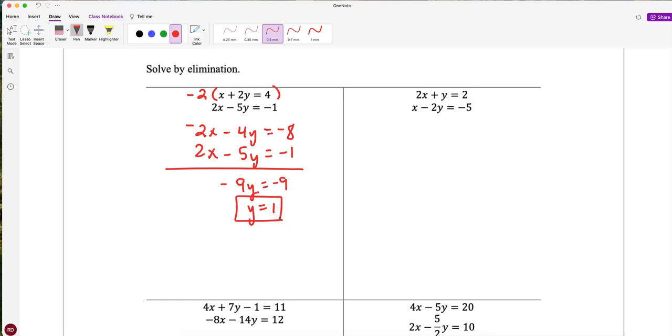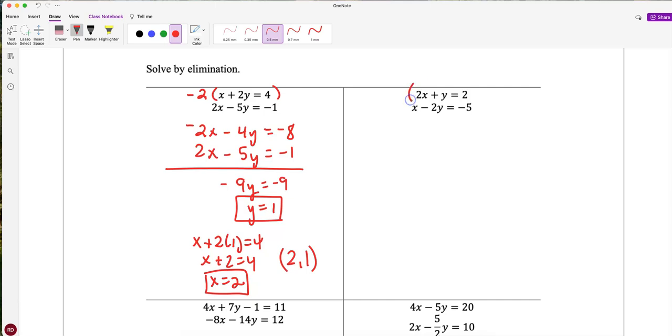Then if I go back to an original equation, x plus 2 times 1 equals 4. x plus 2 equals 4. x equals 2. So the solution is the point (2, 1). If I look at the next one, I could either eliminate the x's or the y's.